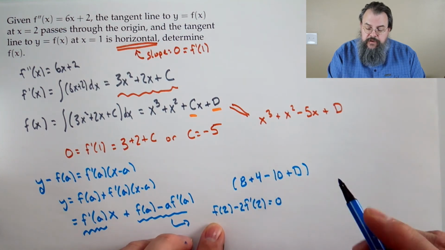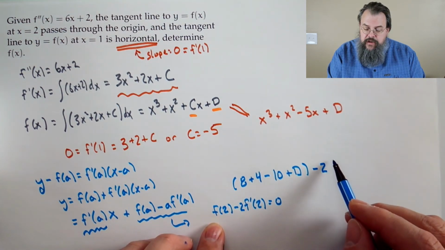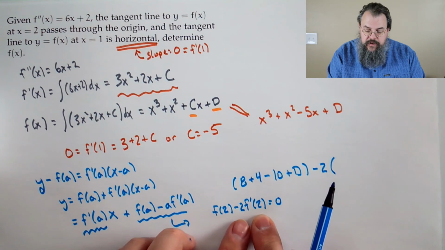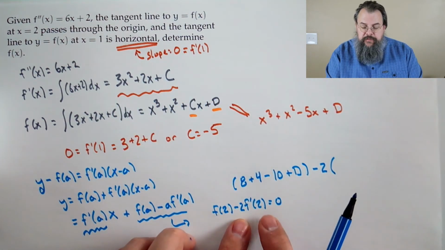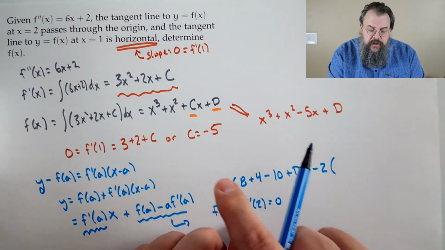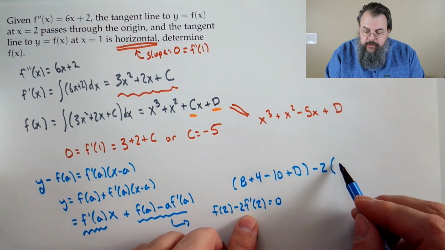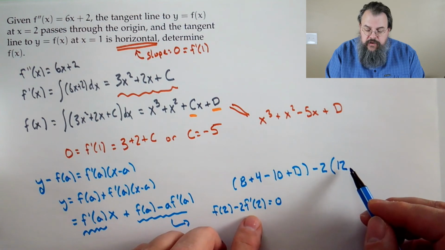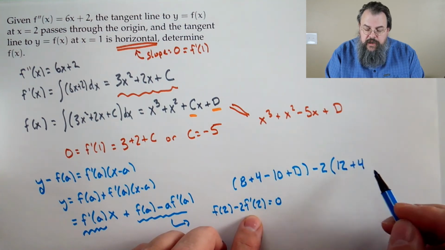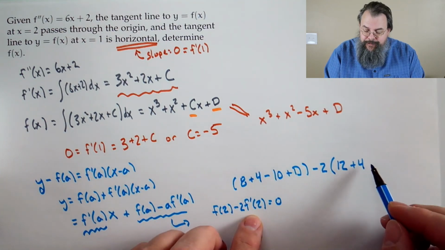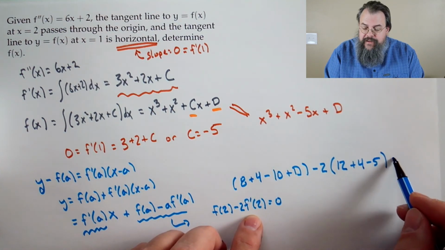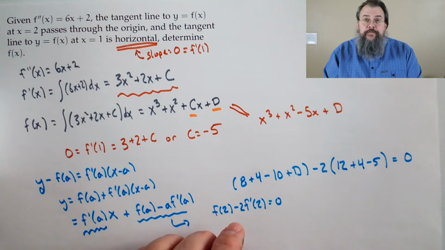So that's our f of 2 minus 2. And what's f prime of 2? Well, go ahead, plug it in here. F prime of 2, well, that'll be 3 times 2 squared, 12. 2 times 2, 4, plus c. Aha! We know what c is. Minus 5. And that's got to equal 0.